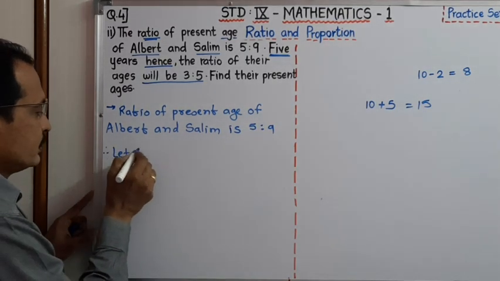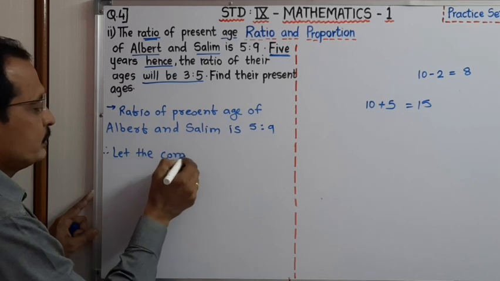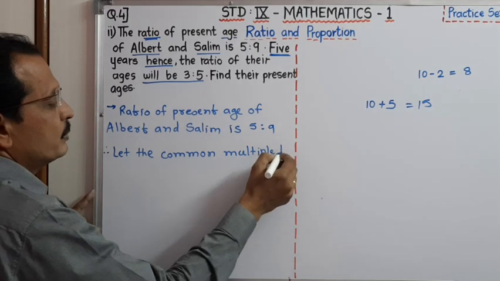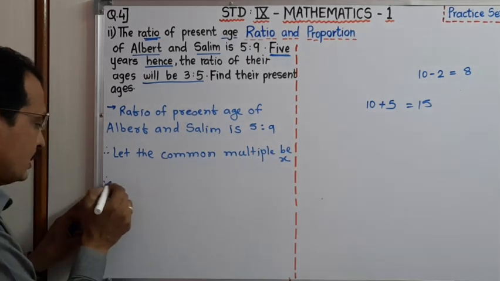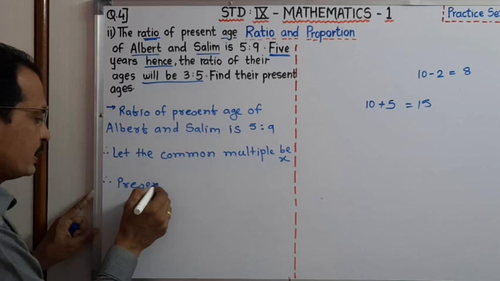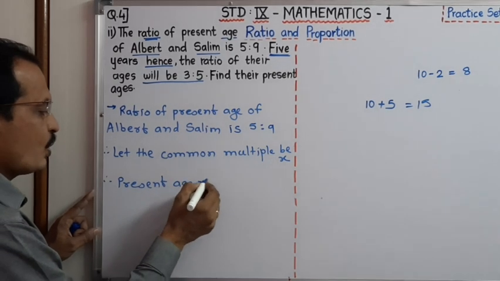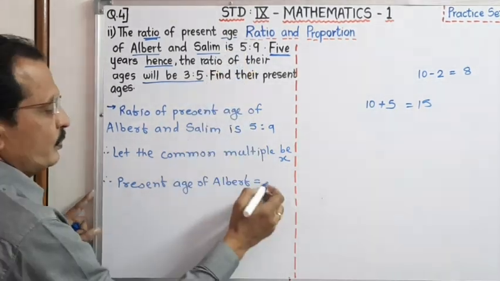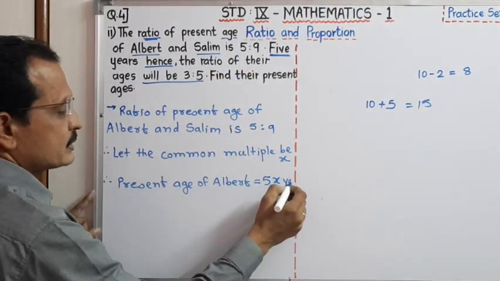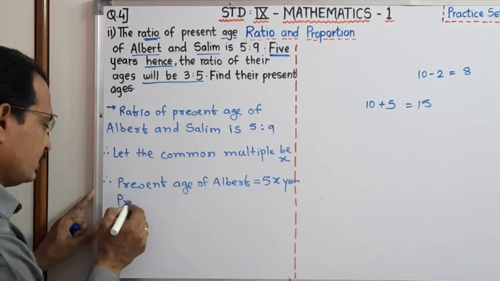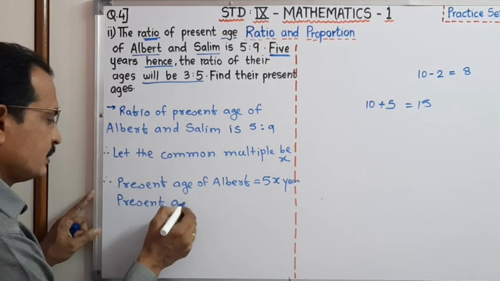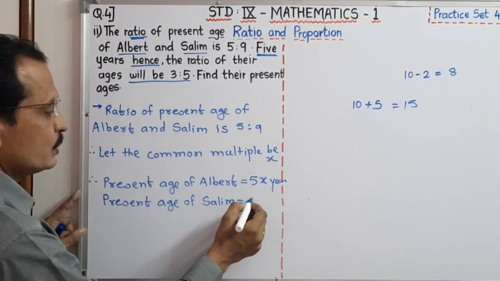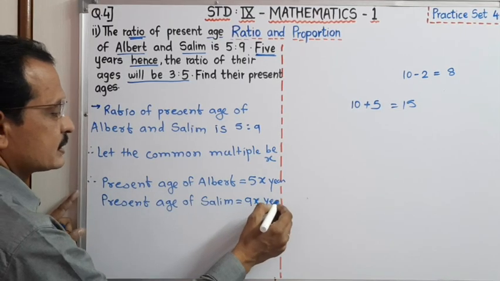Therefore, let the common multiple be x. Therefore, the present age of Albert is equal to 5x years and the present age of Salim is equal to 9x years.